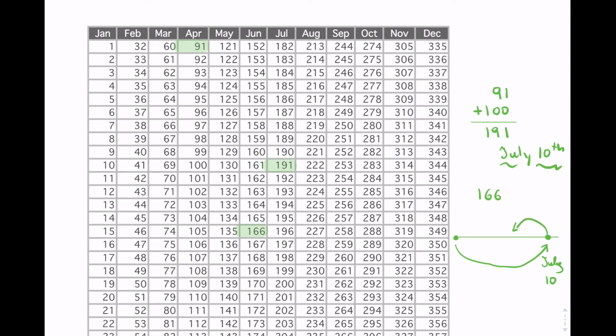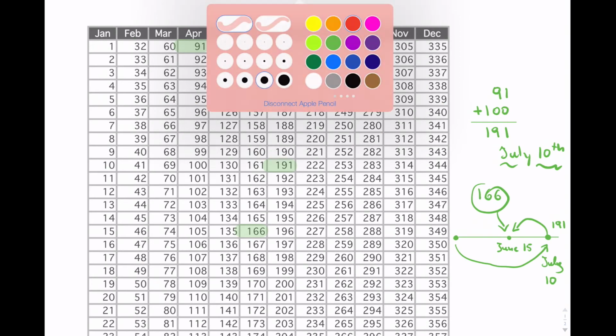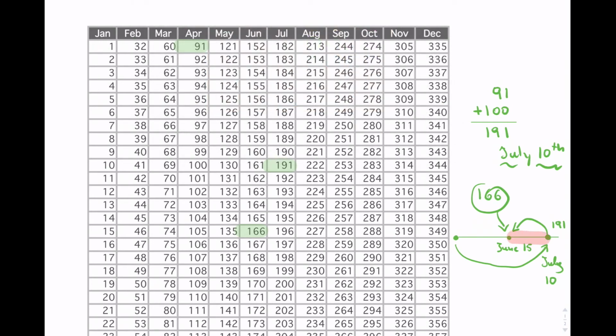Now we're supposed to bring this back to June 15th. This was 191, and June 15th is day 166. So we want to find how many days are in between. 191 minus 166 is 25. So it's 25 days that we have to go back.